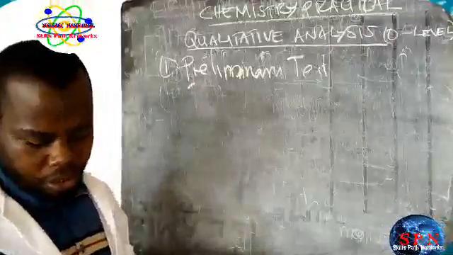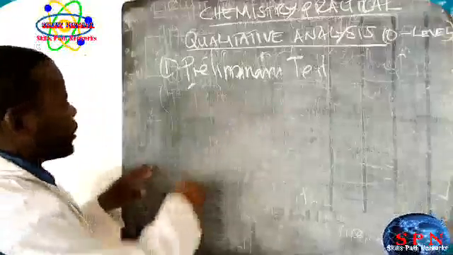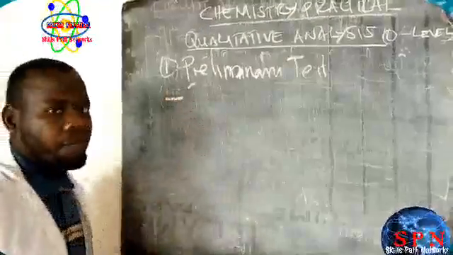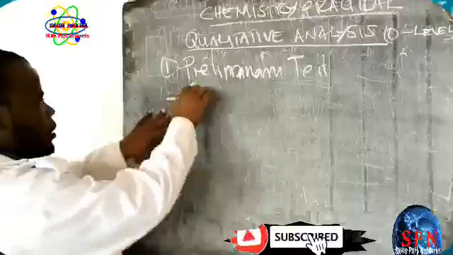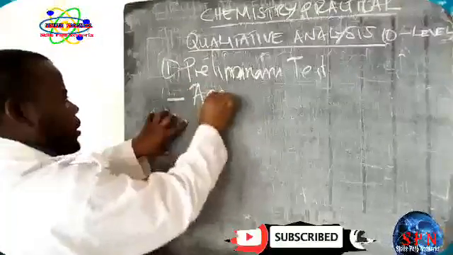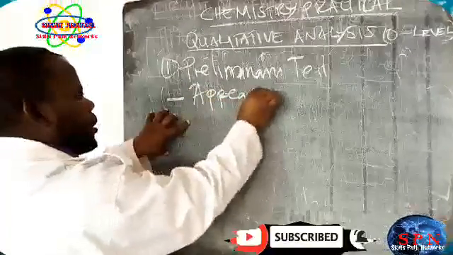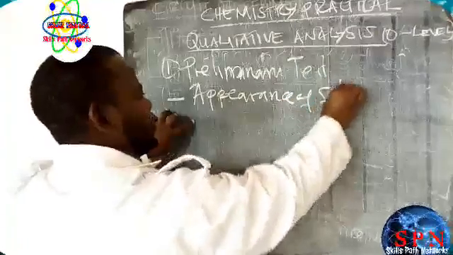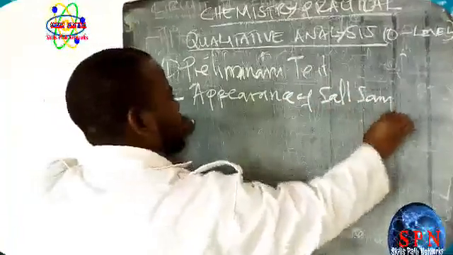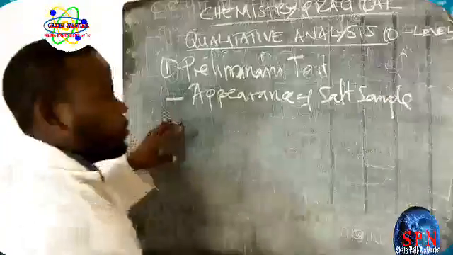The preliminary test contains various procedures. The first is the appearance of the salt sample.